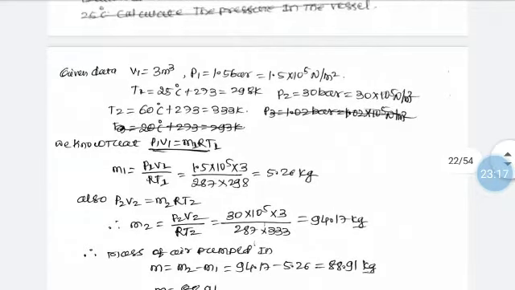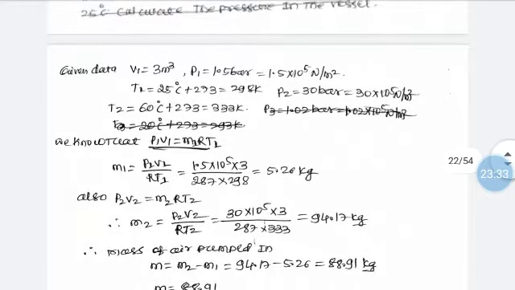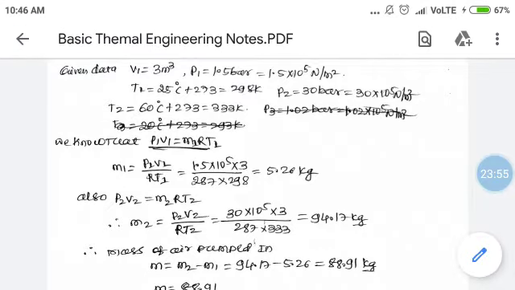If you solve for M1, taking RT1 to the LHS, M1 is equal to P1 V1 divided by RT1, that is 1.5 into 10 raised to 5 into 3, where 3 is V1 and 1.5 into 10 raised to 5 is P1. R is 287, the standard gas constant value, and T1 is 298 Kelvin. After calculating we get 5.26 kg.